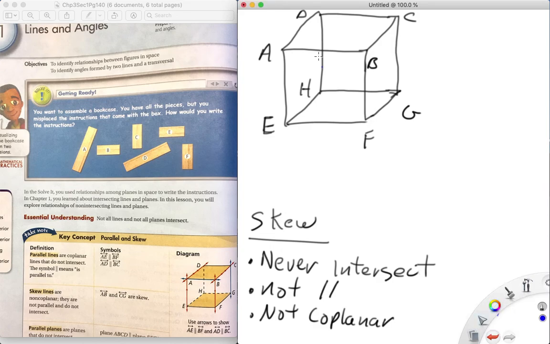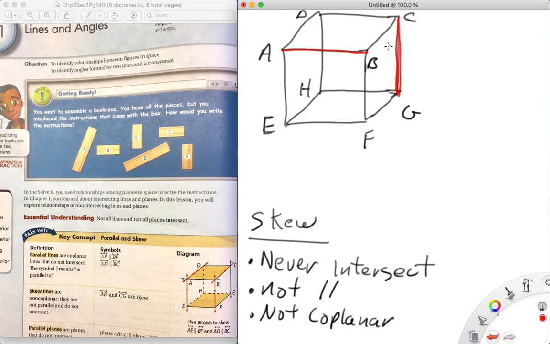So there's a few here. One says AB and CG. Now take a look. AB is going in this direction, right? CG is going in the upward direction.